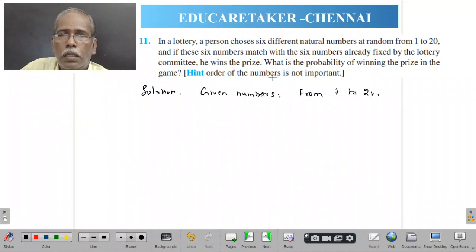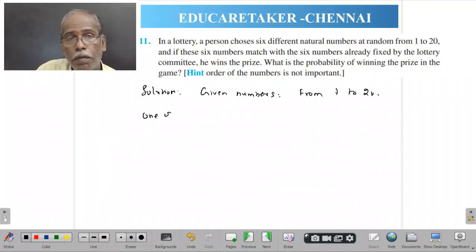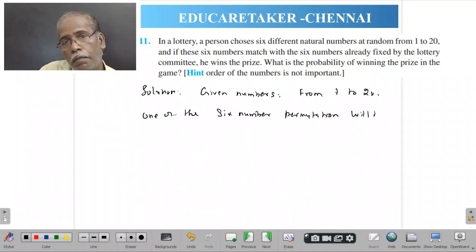But among the 6-number combinations, one of the 6-number permutations will be given the prize.